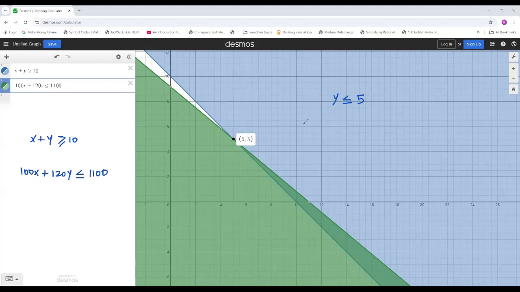Y definitely cannot be greater than 5, because if I go more than 5, for example, if I go to the value 6 for Y, we don't find a common solution for this system, because we find the solution of only the first inequality. So the maximum value of Y in the given scenario is 5. I mean the maximum number of 120-pound packages is 5.